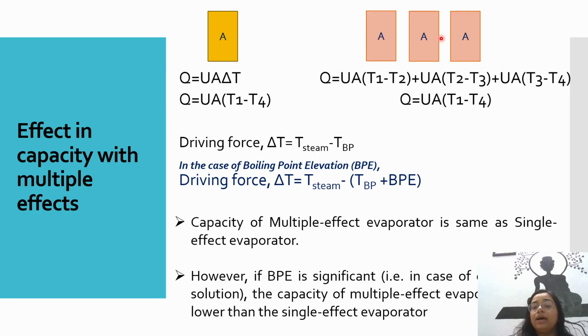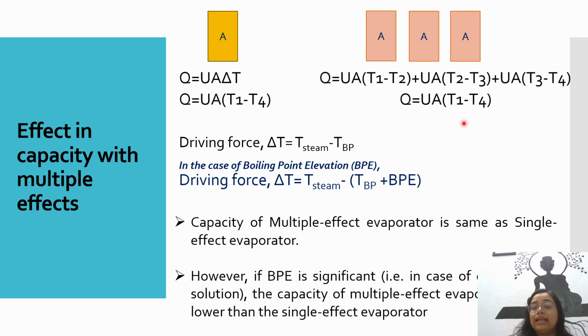Now if we process it, overall the amount of heat transfer will be equal to the overall heat transfer coefficient into the area of the evaporators, and ultimately the driving force is T1 minus T4. So if we compare this equation and this equation, the equations are completely the same.